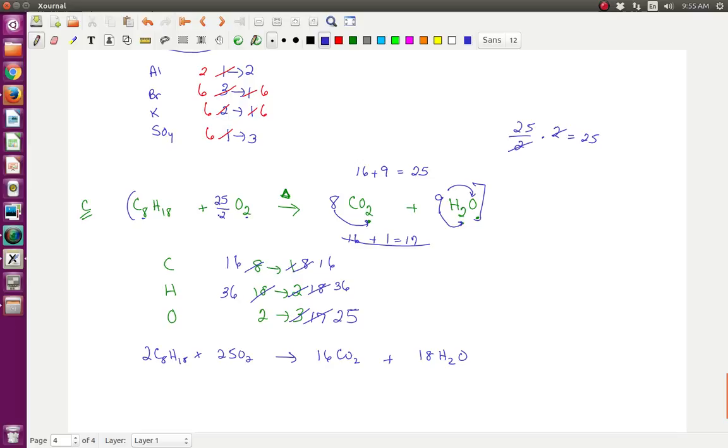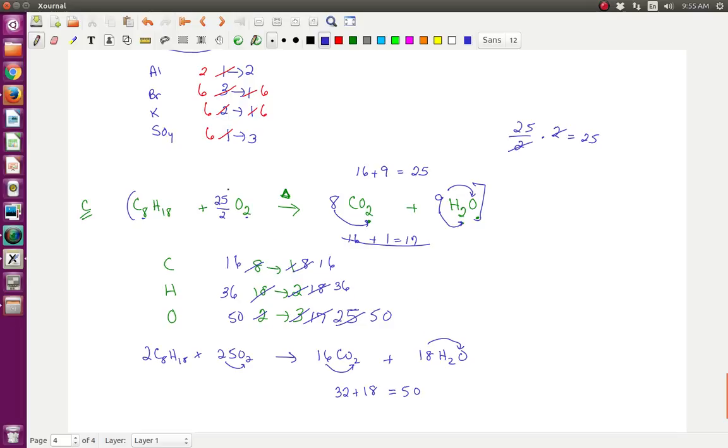Now oxygen, we have 25 times 2 is 50 oxygen. Here we have 16 times 2, which is 32 oxygens, plus 18 more oxygens from right here. So 32 plus 18, that's 50 oxygens, and it balances.